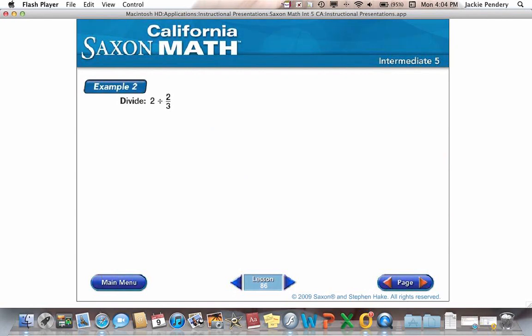Okay, example 2. 2 divided by 2/3. So in this problem, we need to start with our original problem. 2 divided by 2/3. However, I know that this 2 is the whole number 2, and I need to turn it into a fraction. So it becomes my fraction 2/1. Any number over 1 is a whole number.